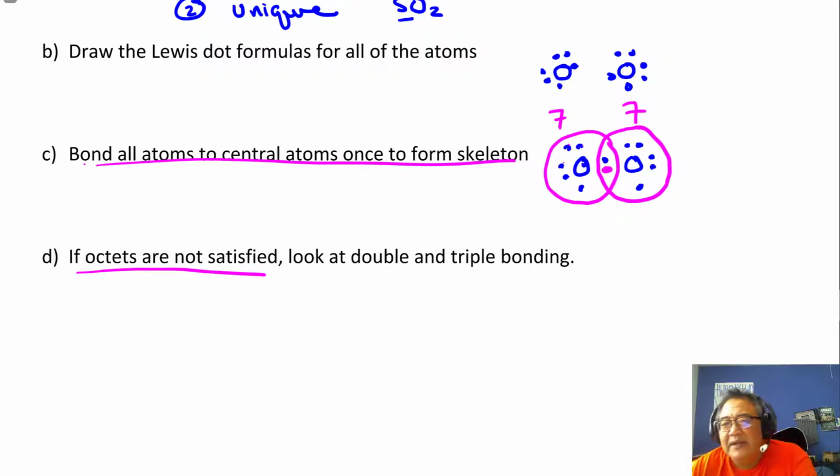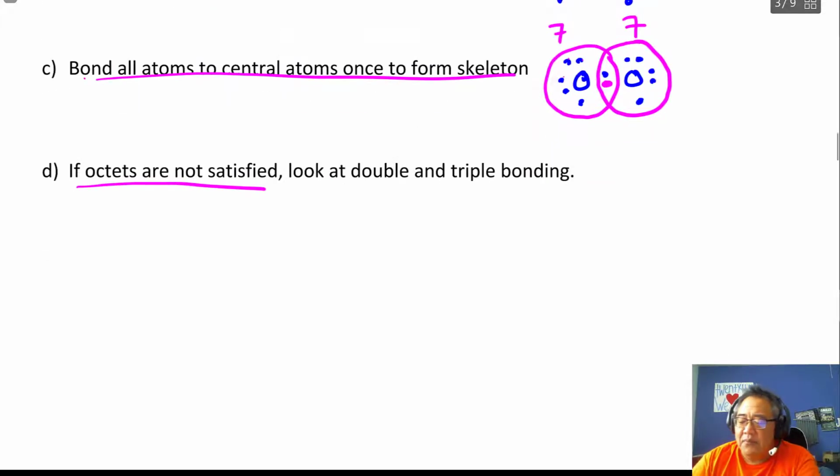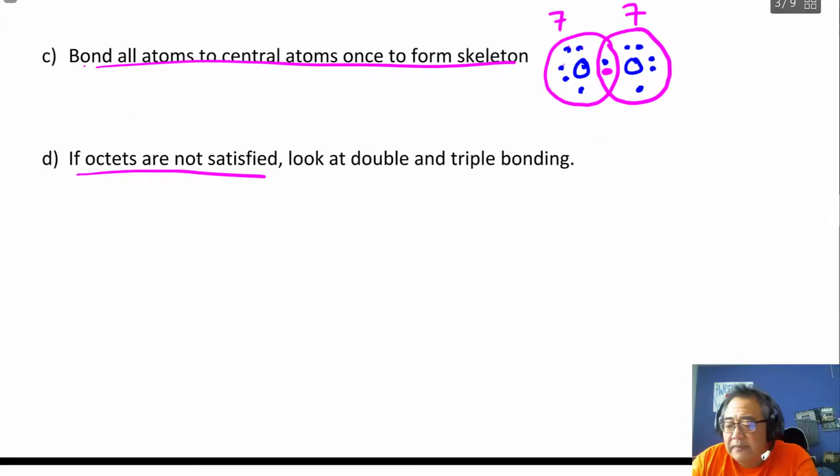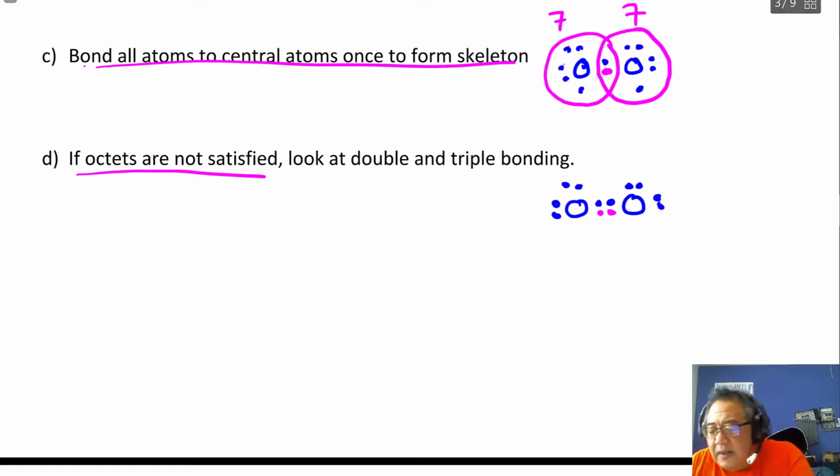In order to satisfy the octets, what you end up doing is sharing electrons from the atoms again. So we have to share a second pair, right? And then you'll end up with this. Now, where you draw the unbonded electrons doesn't matter, so it could be at the top or the bottom, or to the sides like I did here.